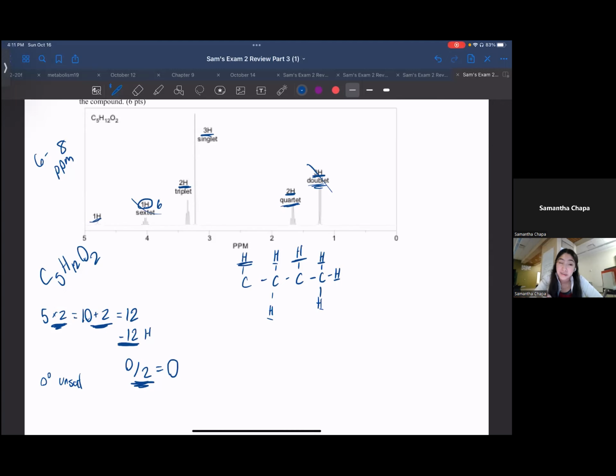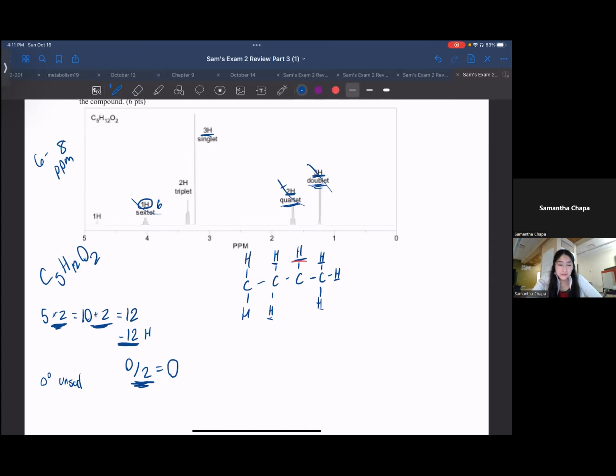So I think it's this one right here. 2 hydrogens with a quartet, so it has 3 neighbors. So I have a total of 1, another carbon, 2, 3, and we're good with this one.